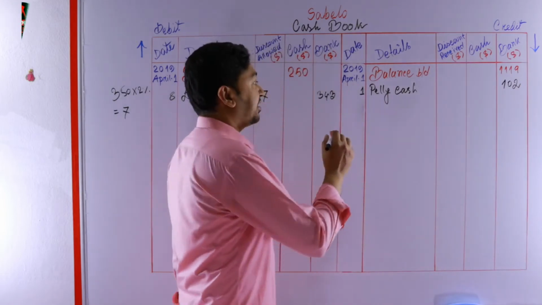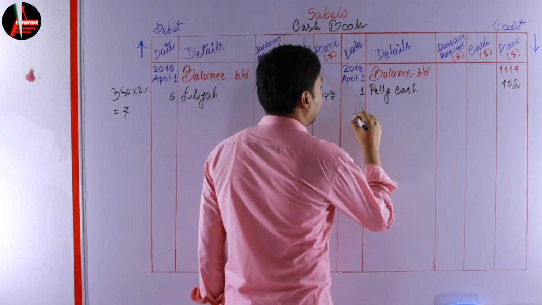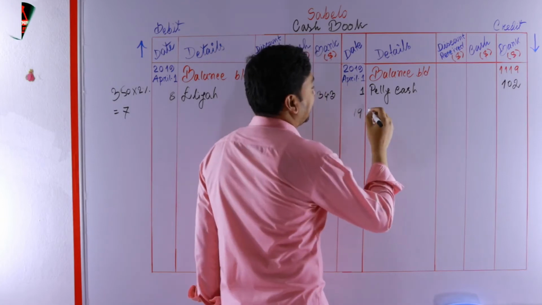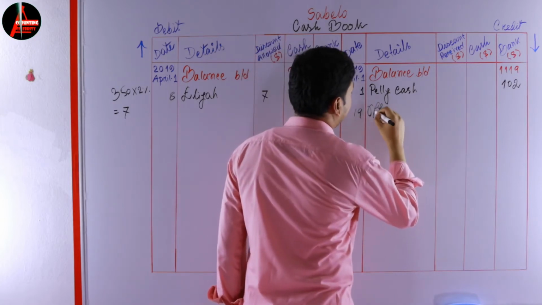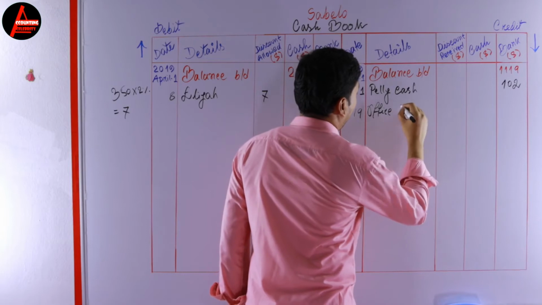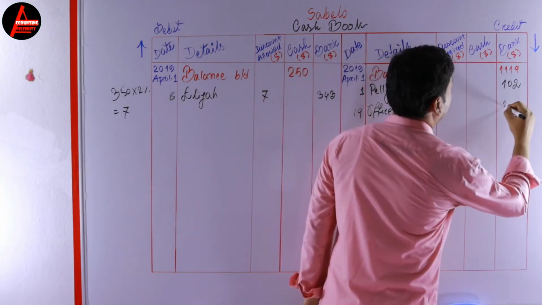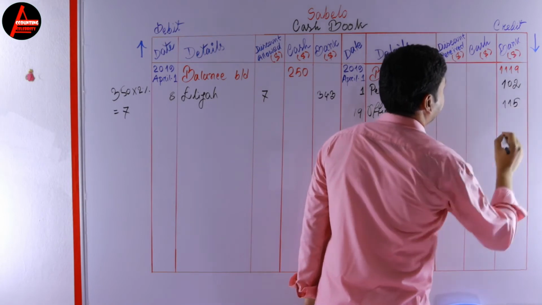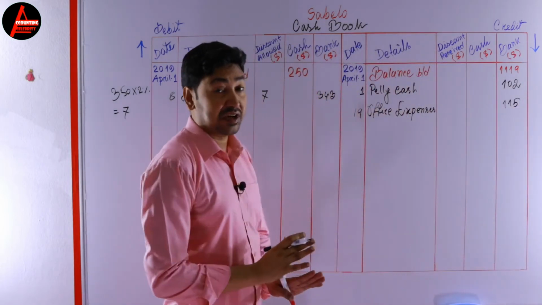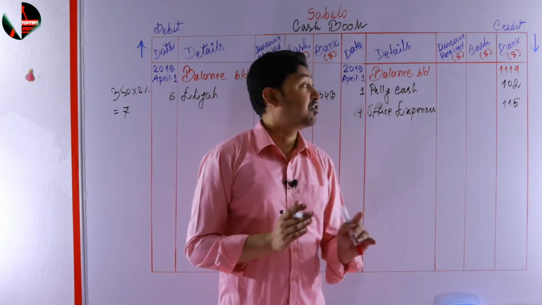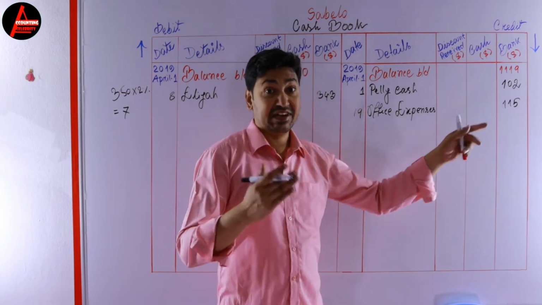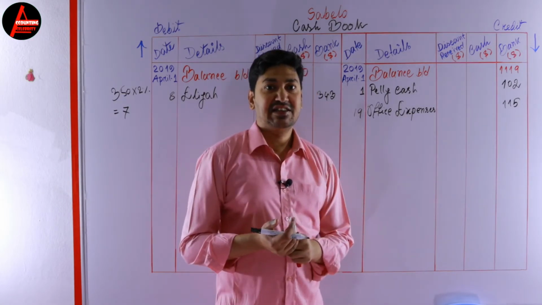So let us write here in the credit side, April 19, office expenses, 115. Not cash. If it is written cash, then we would write in the cash column, but here it's written that paid by check.